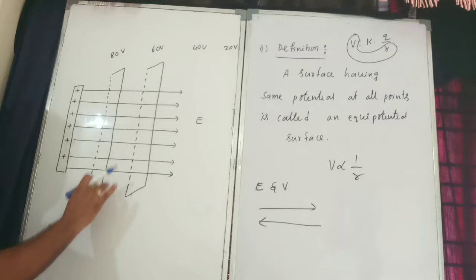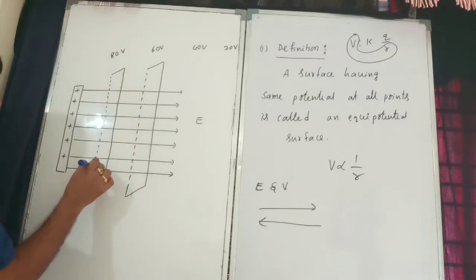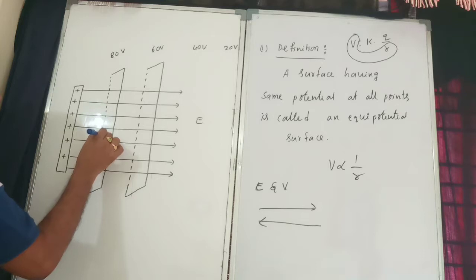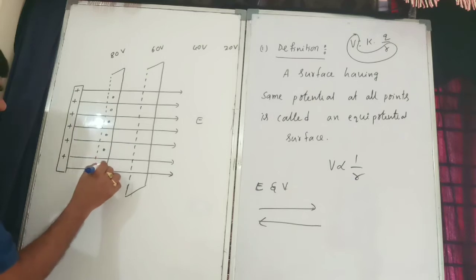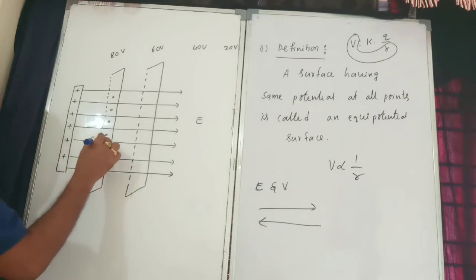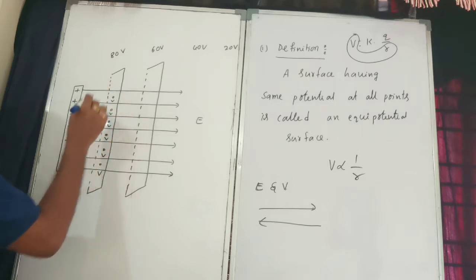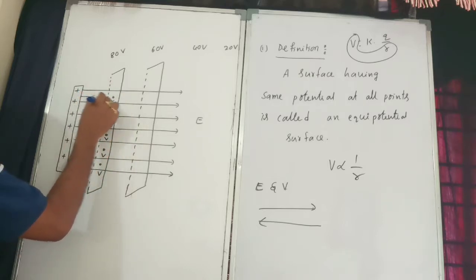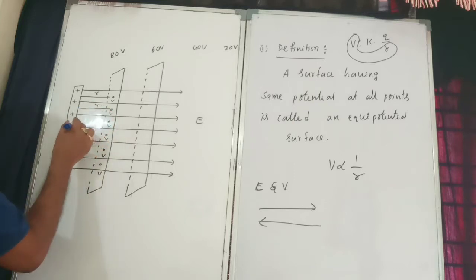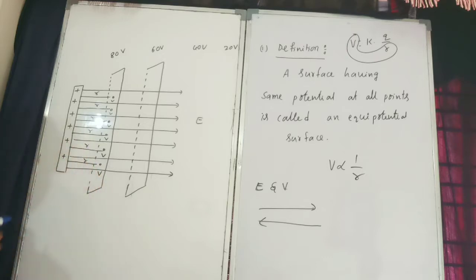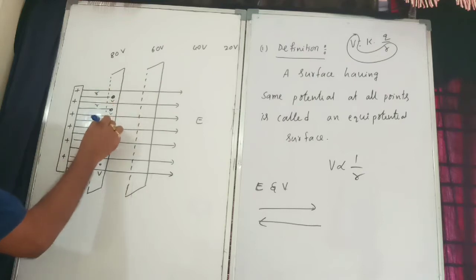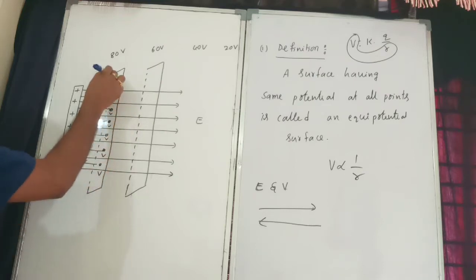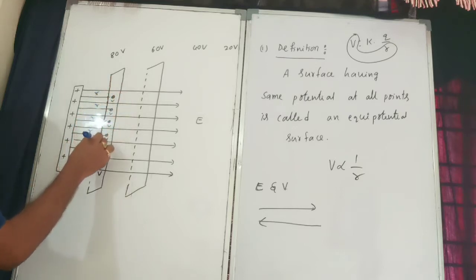So this is the one plate. For example, I will consider here, here, here and here. At this point the potential is V, because from here the distance is R. The distance is the same, so at these points the potential is the same.